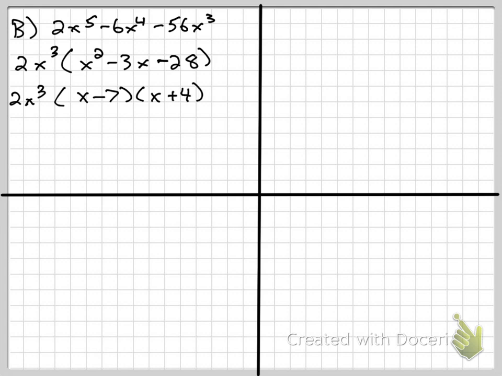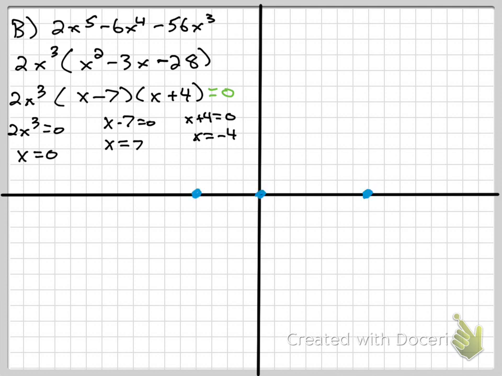So I would set those factors equal to 0. I would have 2x cubed equals 0, that's just going to be 0. x minus 7 equals 0 gives me 7. x plus 4 equals 0 gives me negative 4.